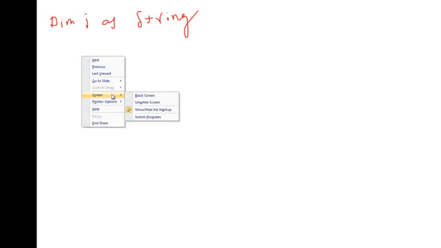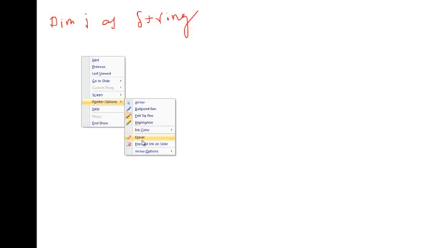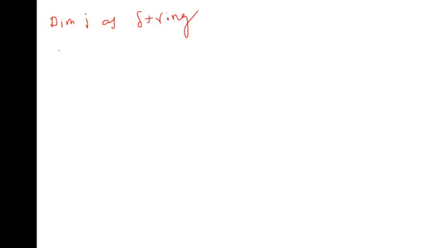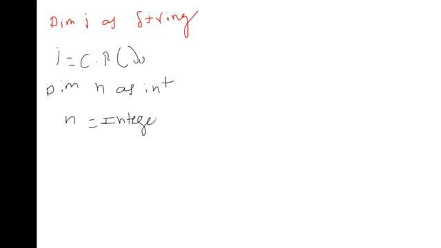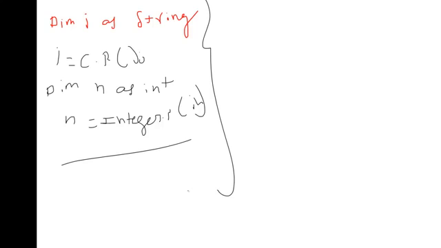The code will be like this: dim I as string, I equal to Console.ReadLine, then dim n as integer, n equal to Integer.Parse(I). This is the code which we will use in VB.NET.